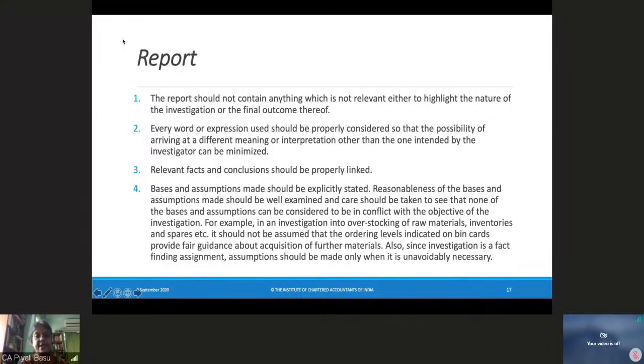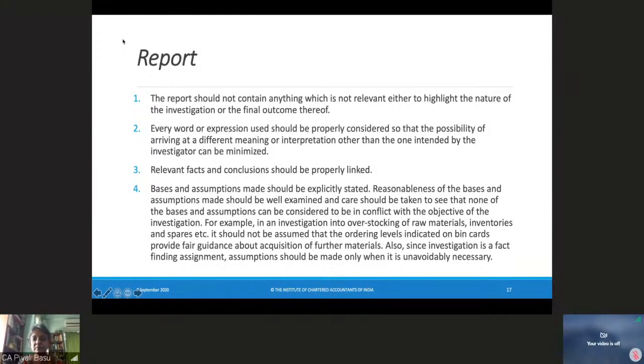Reasonableness of the basis and assumptions must be established. An investigation is not an investigation if it is based only on assumptions. That cannot be an investigation. So it cannot be based only on assumptions.